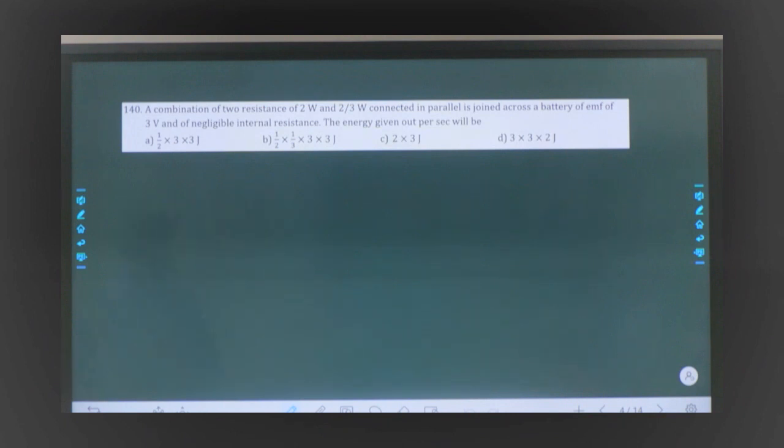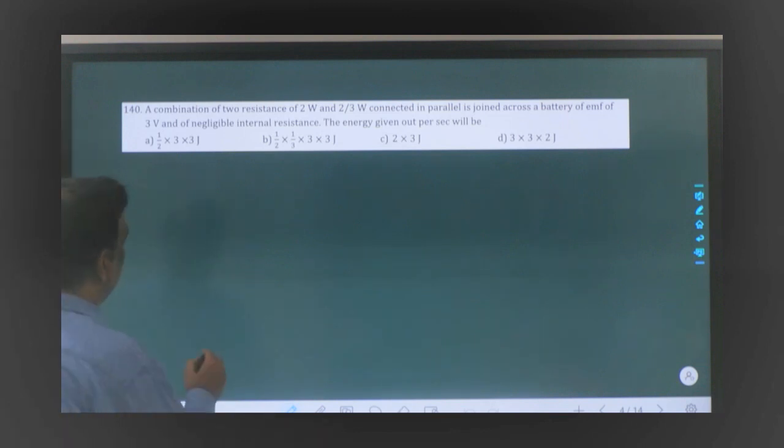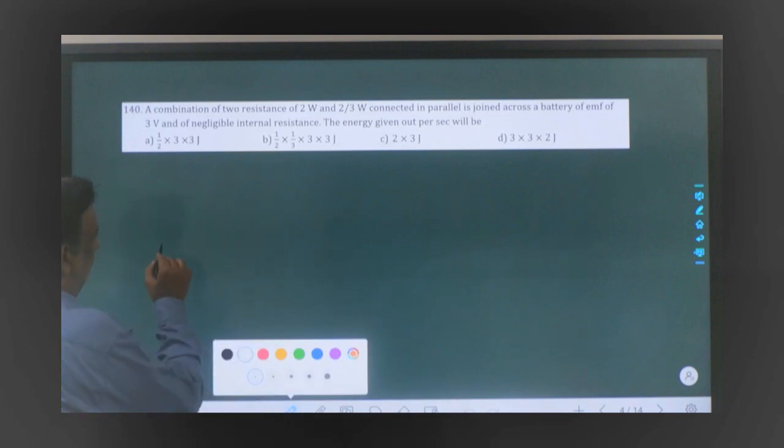And you have 140. A combination of two resistors, 2 ohm and 2 by 3 ohm, are connected in parallel across a battery of 3 volt and negligible internal resistance. The energy output per second will be. You have to tell the energy output. So we have to find the total power for both in parallel. We are given in this form.